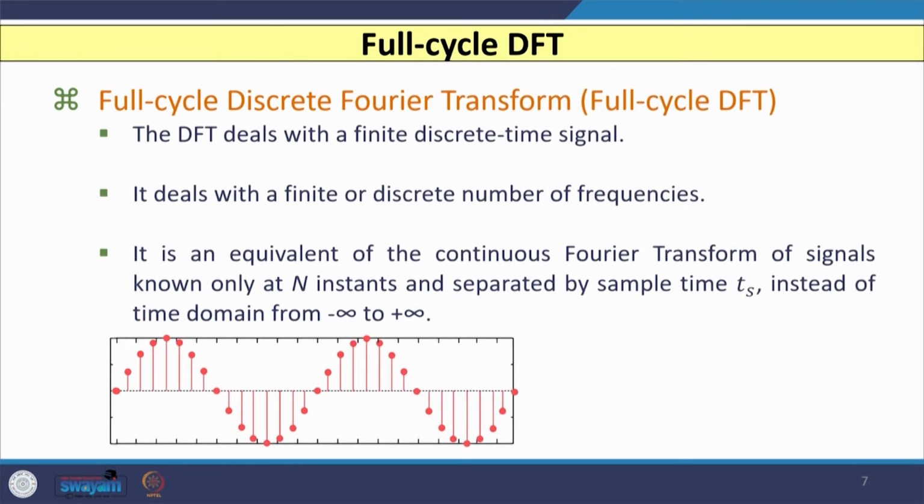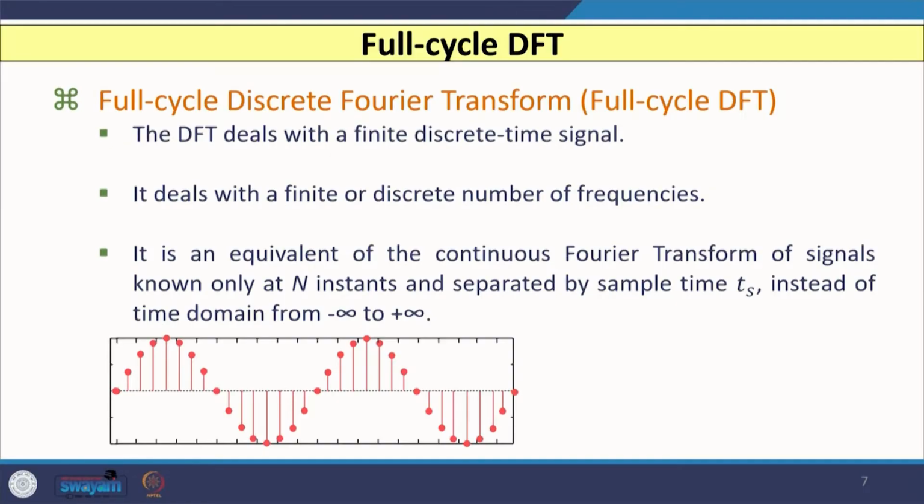Let us see, using full cycle DFT, how the phasor value can be estimated if sample values are available for any given signal. Discrete Fourier transform deals with a finite discrete time signal. You can see in the waveform we are taking finite discrete time signals. So, DFT basically deals with this.